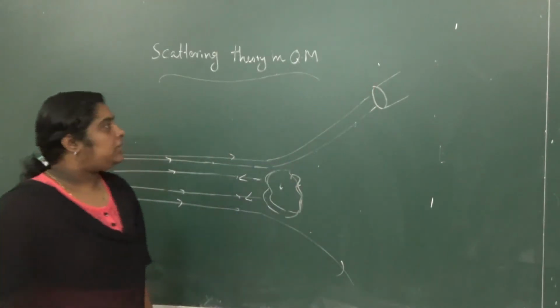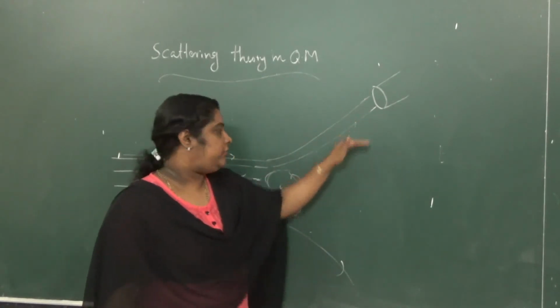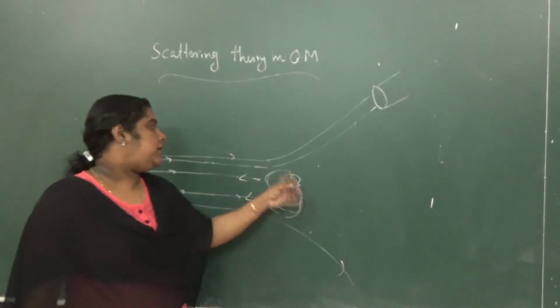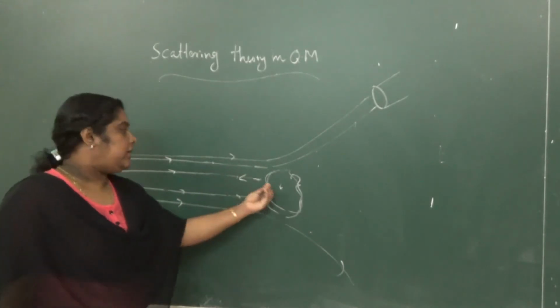By analyzing these scattered particles, you get information about the interaction between the incident particles and our potential, for example the interaction of the particles with the nuclei.